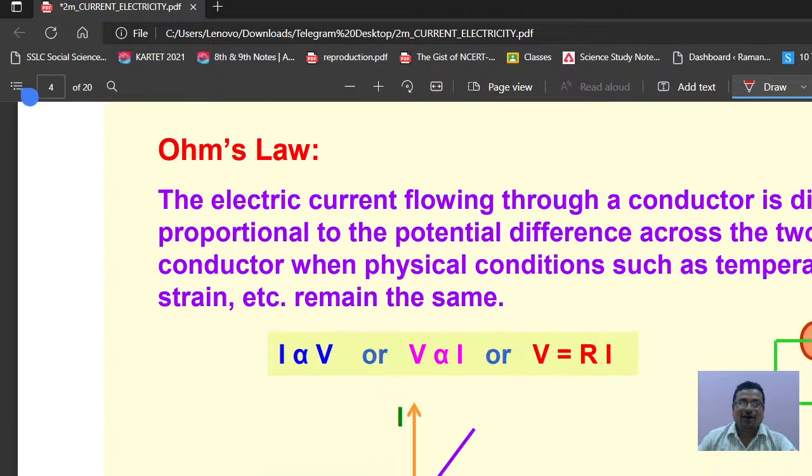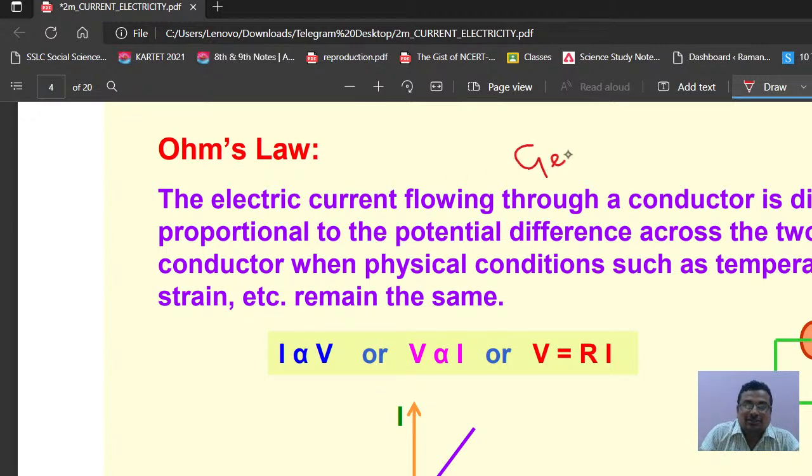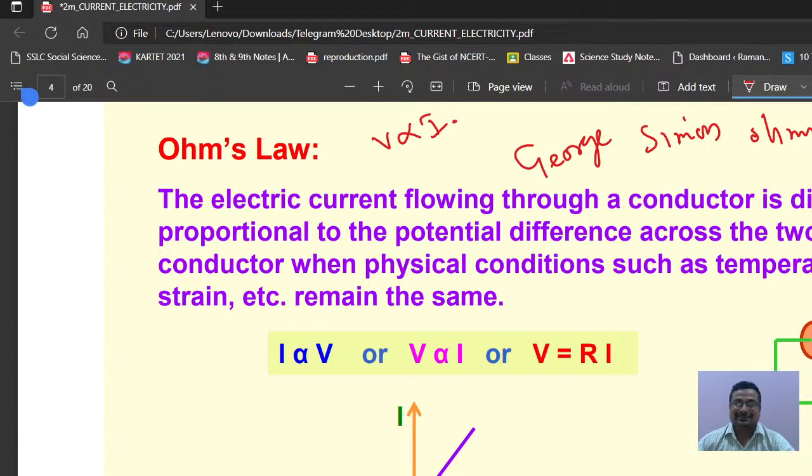Now we are going to learn about Ohm's law. The scientist's name is George Simon Ohm. What is the name of the scientist? George Simon Ohm. In the year 1827, he explained the relationship between voltage and current, and that law is called Ohm's law.